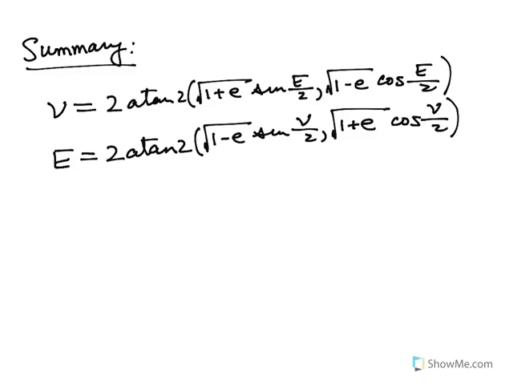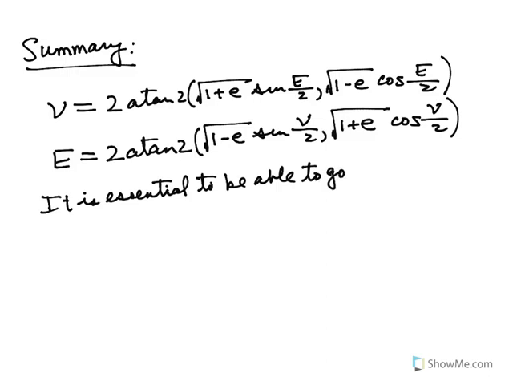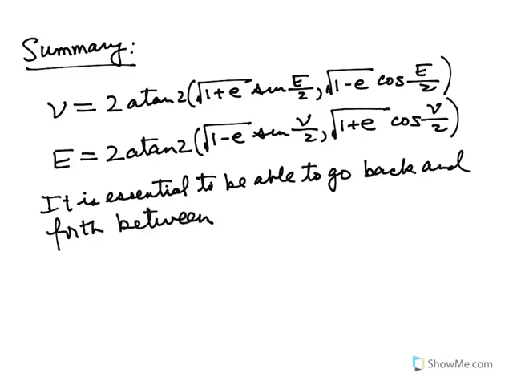So this is the last point before this lecture ends, and then we move on to the next set of material, is that it is essential to be able to go back and forth between nu and E. So sometimes we're going to actually need to be able to compute nu given E. Sometimes we're going to need to be able to compute E given nu.